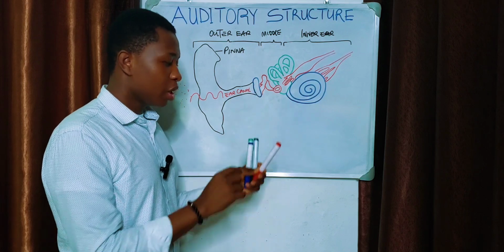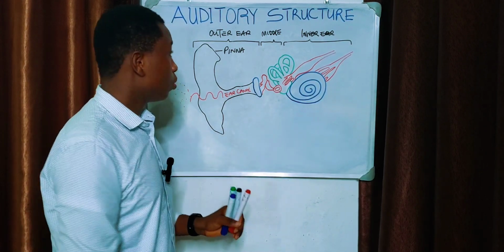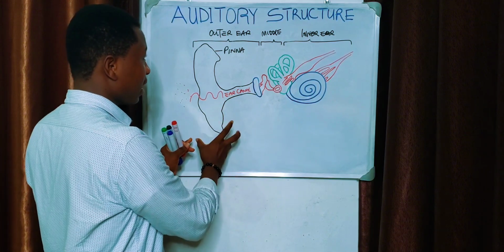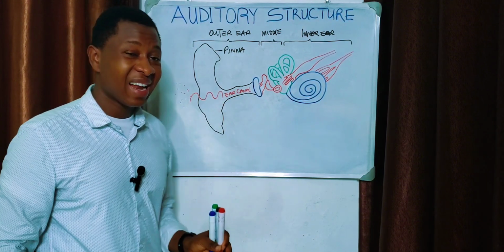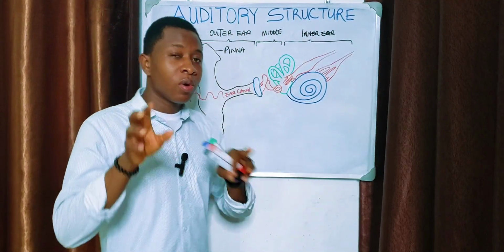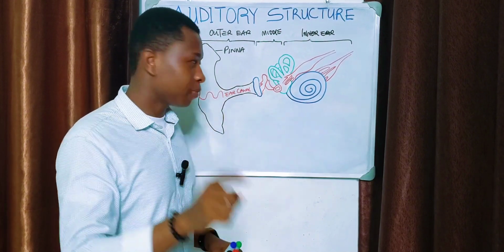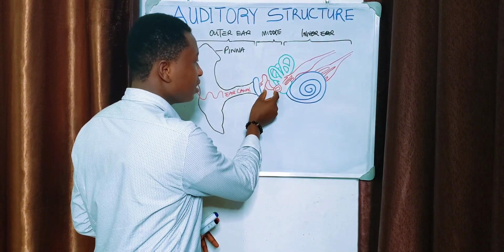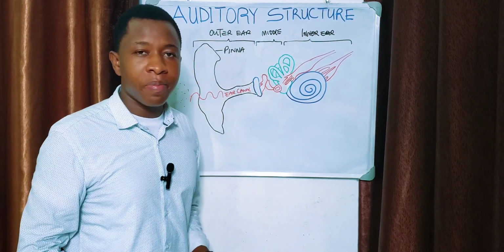This structure is part of the middle ear. So we've just discussed the outer ear and the pinna, and the sound travels through the ear canal to get to the middle ear. For the middle ear, we have two structures: the tiny bones and the tympanic membrane.